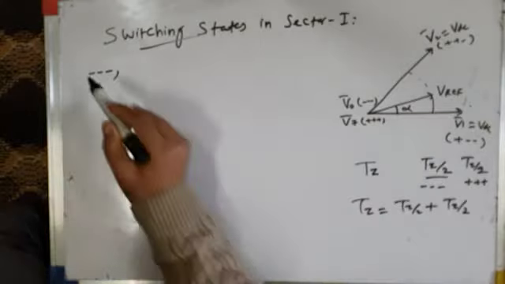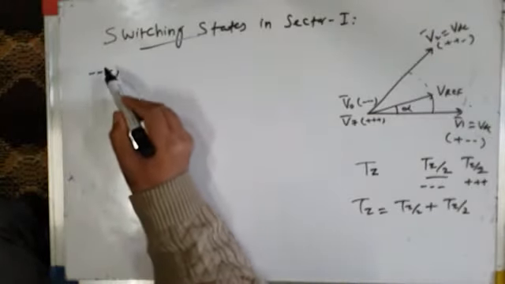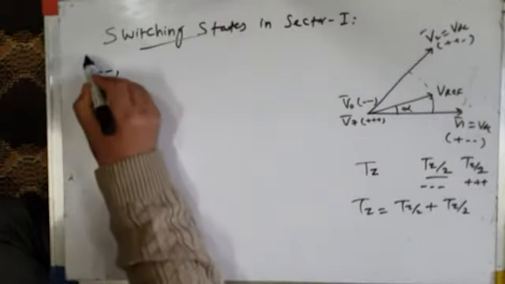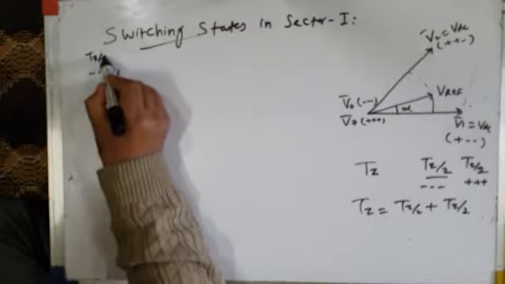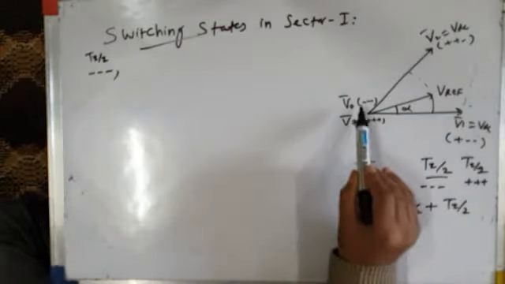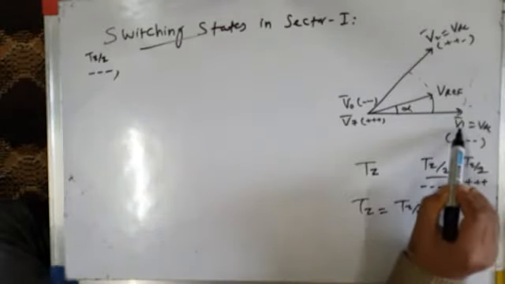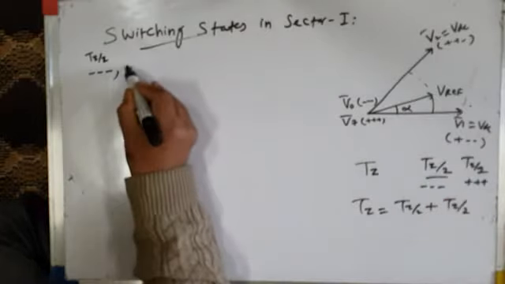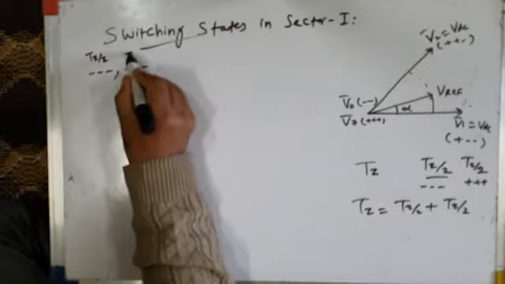Okay, so I start with zero voltage vector. This zero voltage vector is applied across the load for time interval Tz by 2. Then I apply V1 voltage vector, which represents the switching state plus minus minus for time interval T1.